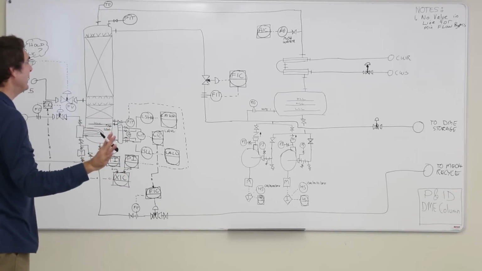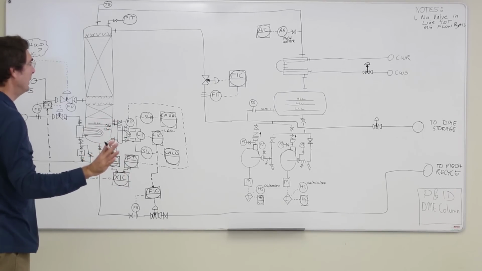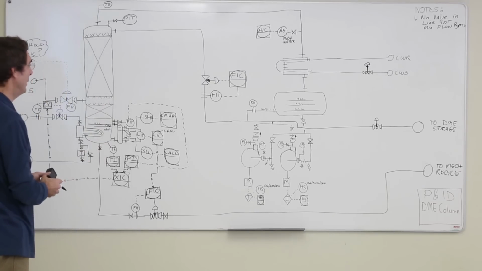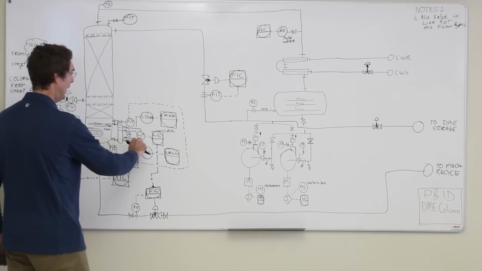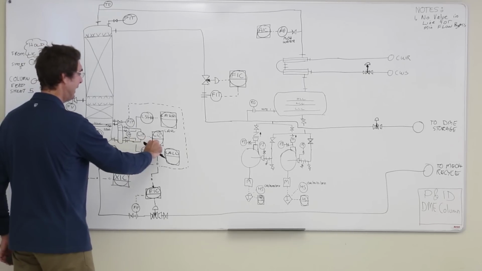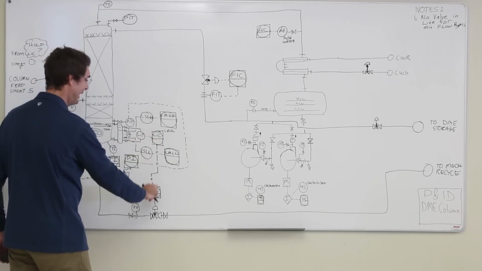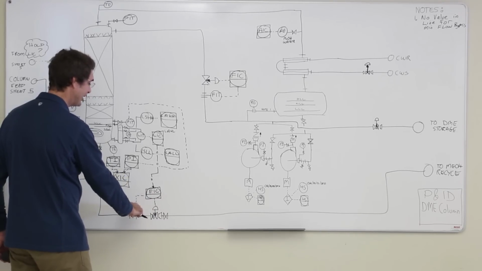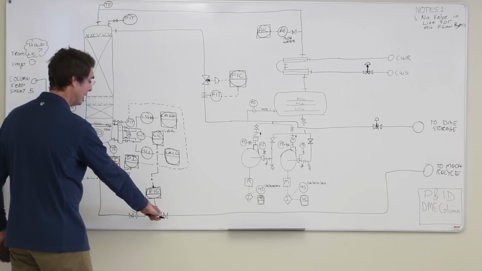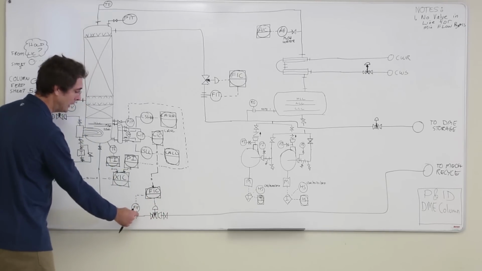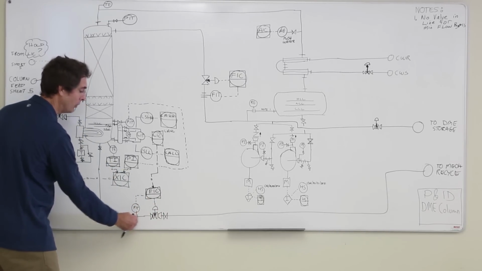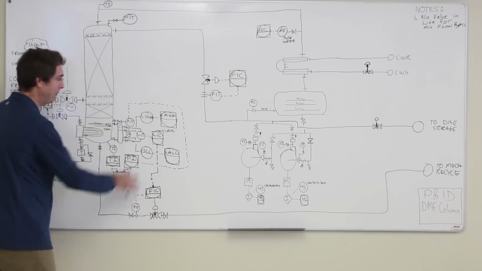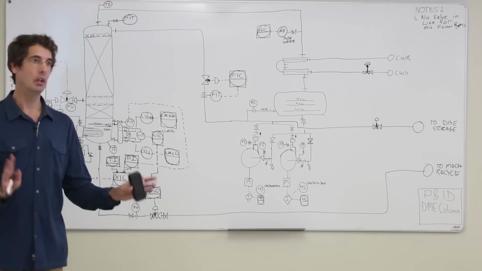You're definitely going to see me break this rule quite a bit, but I find if you do make the controls go left to right and top to bottom, so you'll see I'm going from left to right here, LIT into the LIC. The LIC is then going down into the flow indicating controller. The FIT is coming from the left and into the FIC like this. It's partly because the flow indicating transmitter is always going to be upstream of the valve, so that just naturally happens that way. But it makes it a little bit more readable, I find.